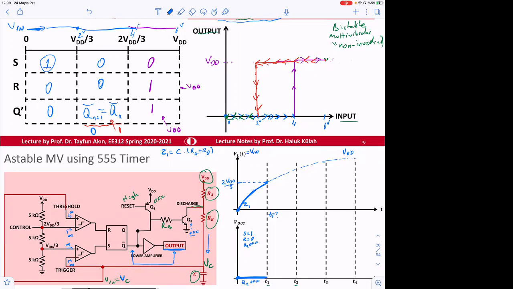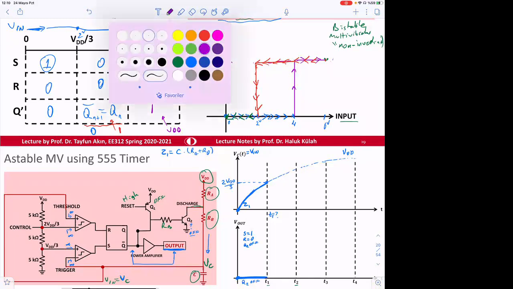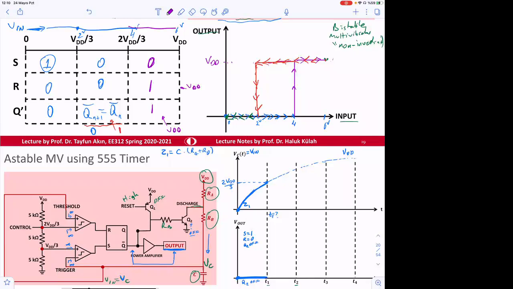So what happens if the input signal reaches 4 volt? We know that at that time this signal will switch. So S goes from 1 to 0, but nothing happens because it has stored its value.